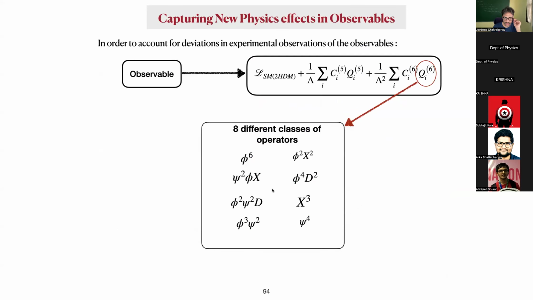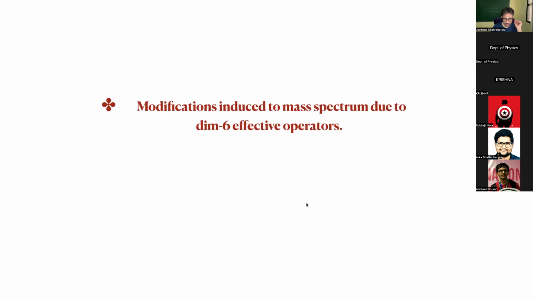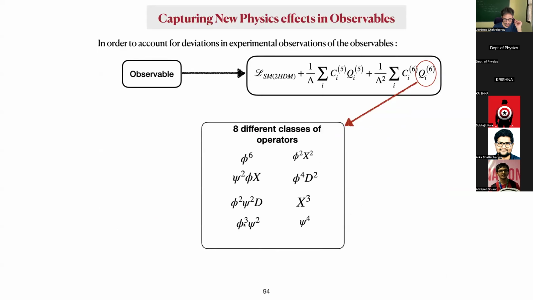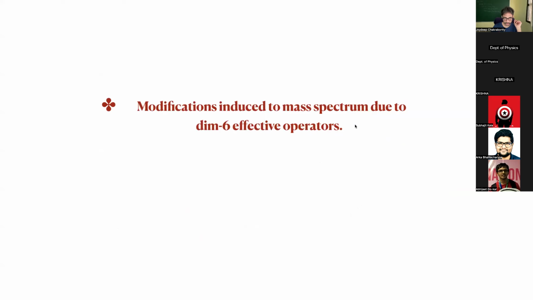So we start with these 8 different classes of operators: phi 6, phi square x square, psi square phi x, phi 4 d2, phi square psi square d, x cube, phi psi square phi cube, and psi 4. These are the 8 different classes in dimension 6. Right? So first, we try to understand that when we include these effective operators, how the spectrum of my theory gets changed.